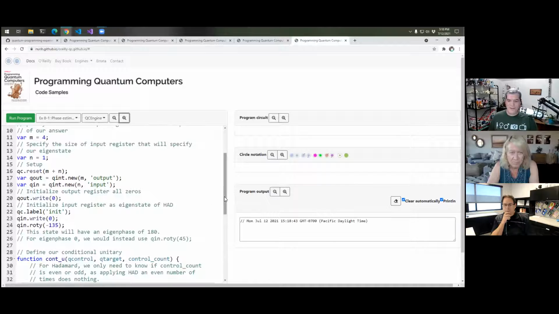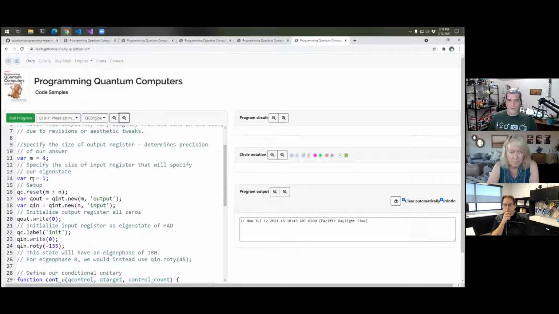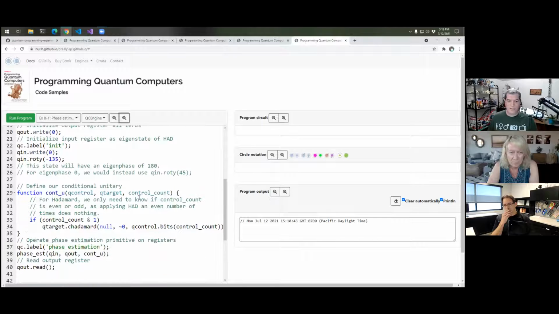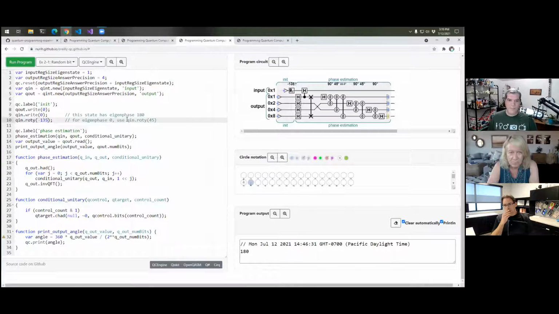In the original, there's a lot of variables with comments on them. So this one says, this is the size of the output register. This is the size of the input register. This is what this is doing. This is what that's doing. And Lynn said, let's forget about all that. And so we're going to have a variable instead called input register size eigenstate.